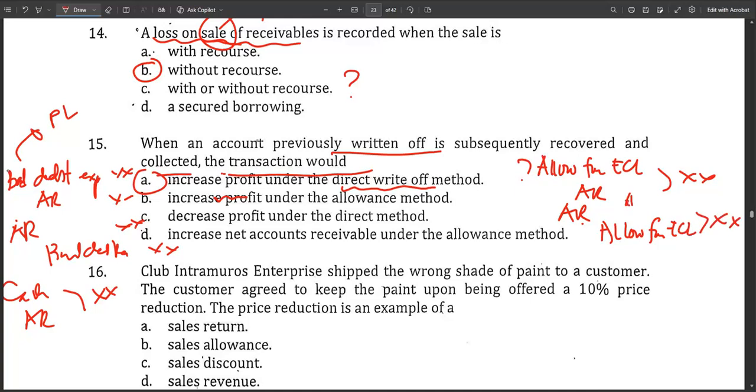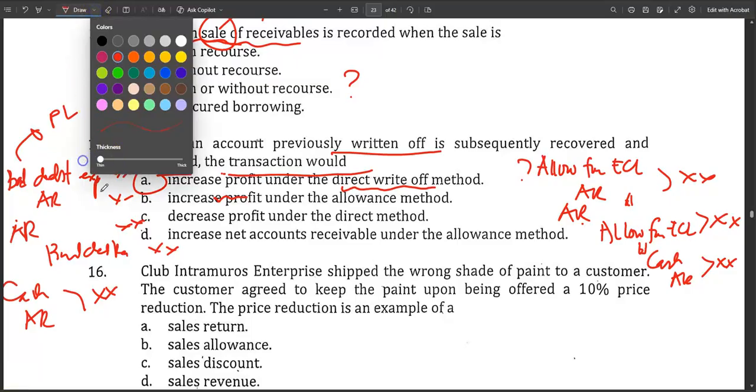And at the time of collecting, credit cash, same as the direct write-off. So therefore, under the allowance method, you don't see any increase in profit. So letter A is the correct answer.